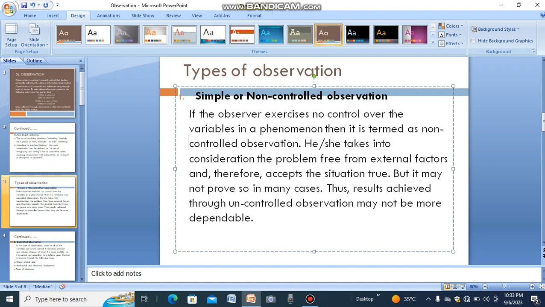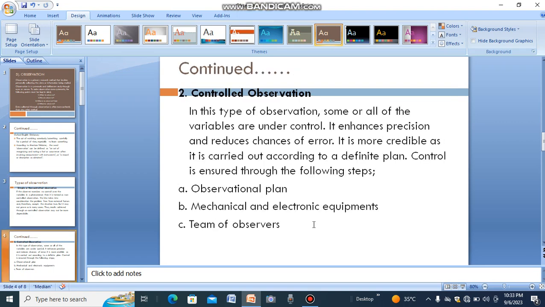For example, the temperature, the humidity, or certain other factors may be beyond his reach. So the data collected through this type of research is mostly unreliable.